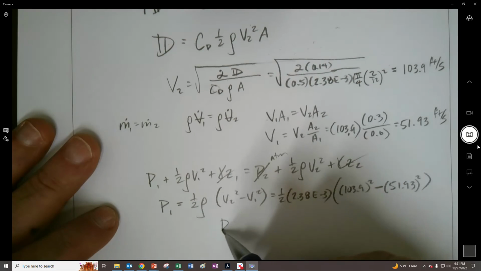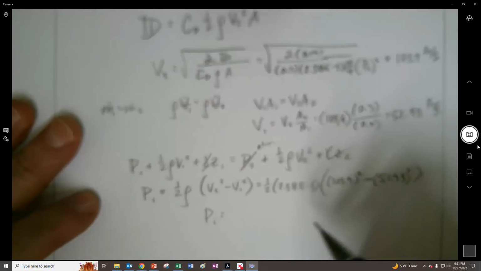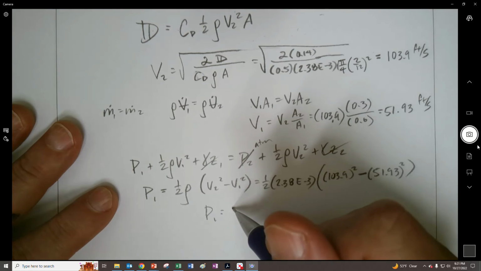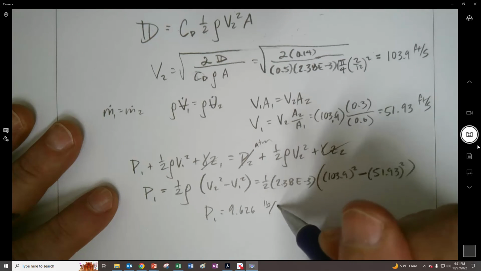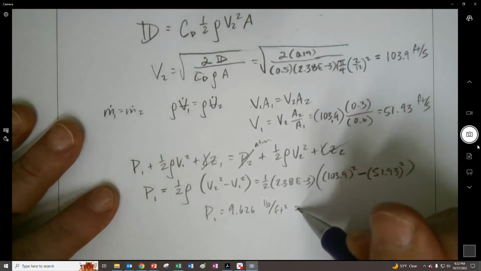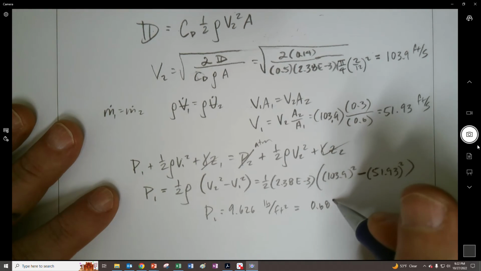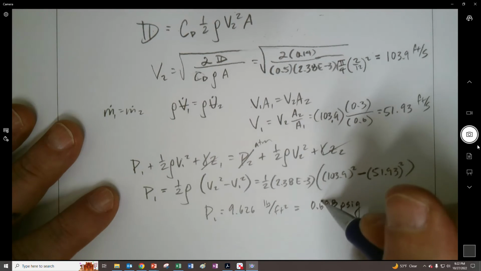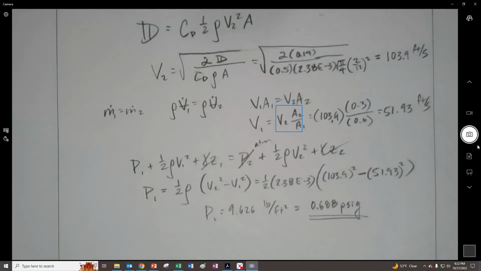We end up with the pressure that we're predicting at this gauge in order to accomplish this miraculous feat. It's going to be 9.626 pounds per square foot, which if we divide by 144, we get 0.688 psi. Let's call it G because it's gauge pressure, since we're referring to atmosphere. So there is the answer on that.